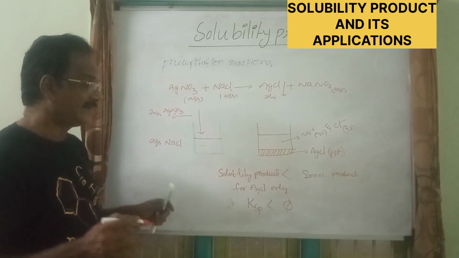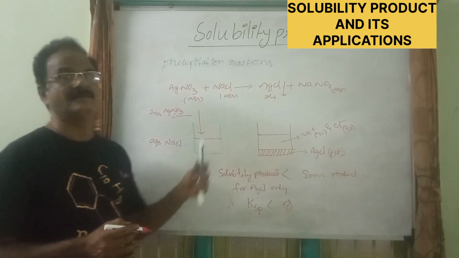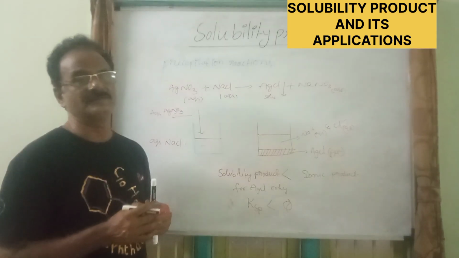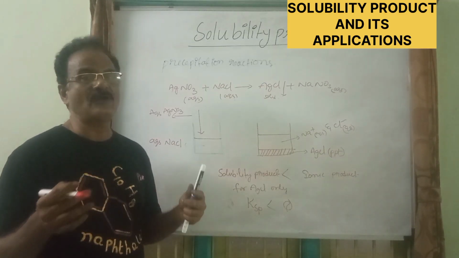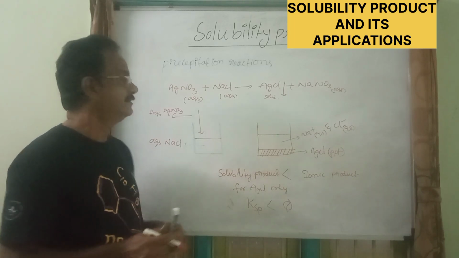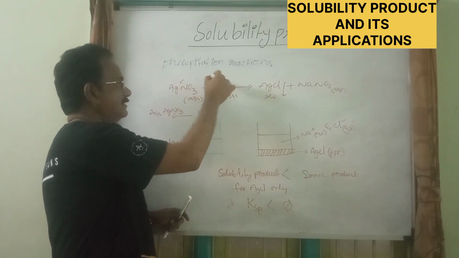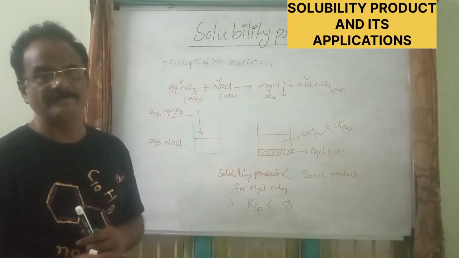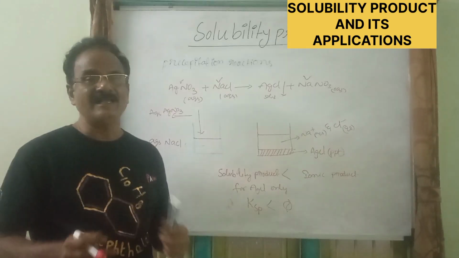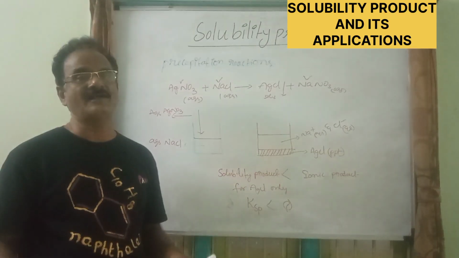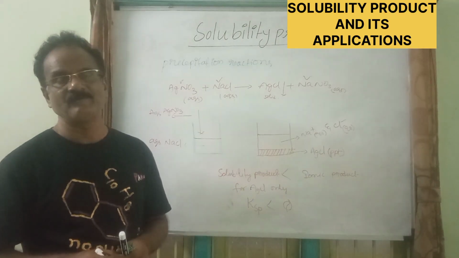Okay. For all the remaining compounds, ionic product is less than solubility product. For these three compounds, ionic product is less than solubility product. So they are not getting precipitated.